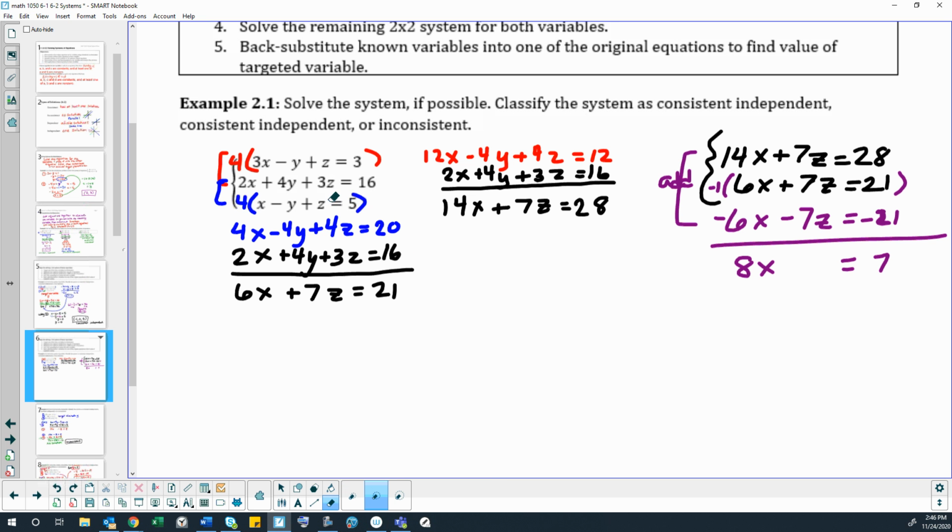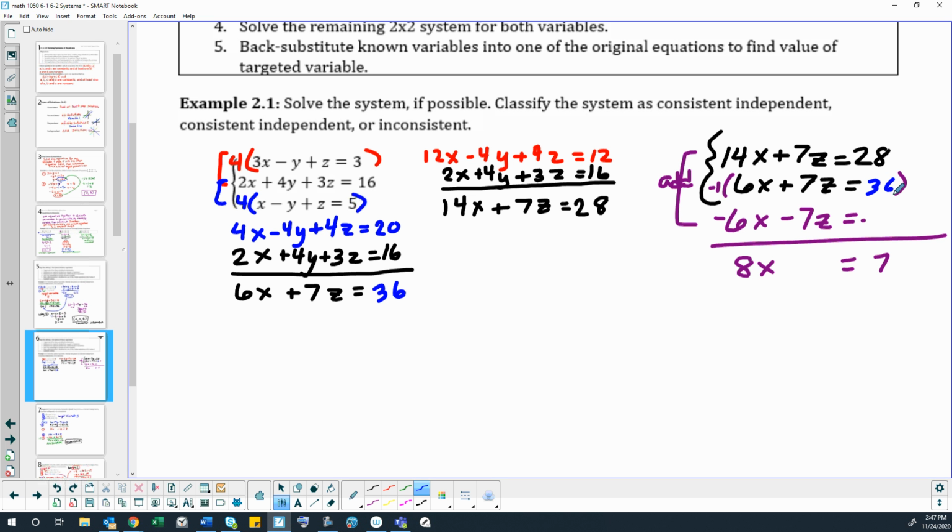So change, multiply everything by 4. That turns our 4 times 5 into a 20. That means we add our 20 and our 16 together, and we get 36 there, which means that this 21 is actually a 36. And this negative 21 is going to be a negative 36.